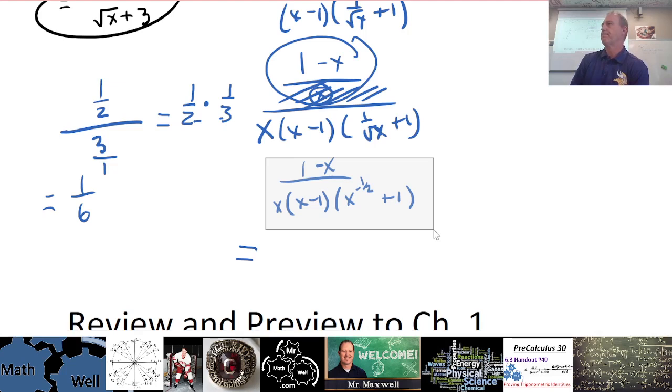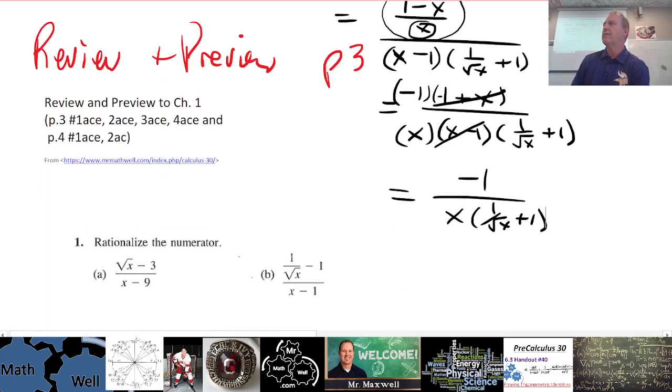Yes? The back has it as -1 over x plus root x. Yeah, good question. What you'll find is that the answers in the back have many different layers or stages of simplification. This will happen all throughout the course: your answer might not match the answer in the back of the book when you check, but it's probably just a simplification issue.